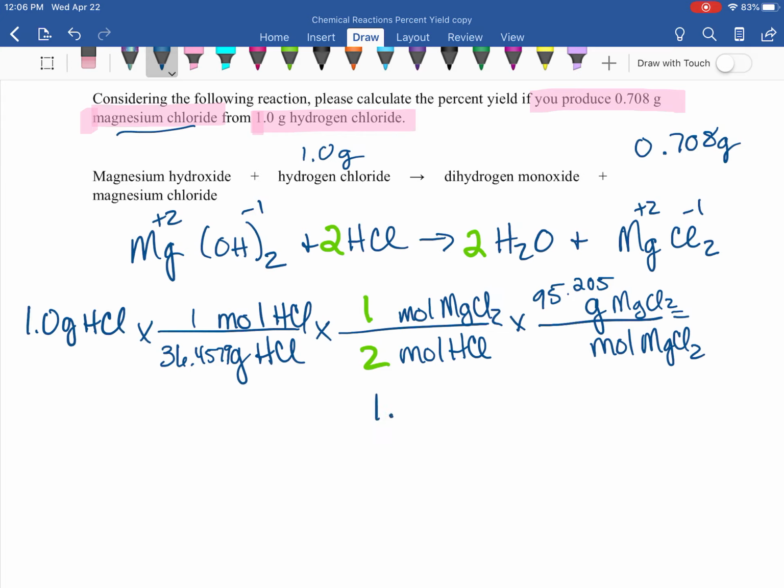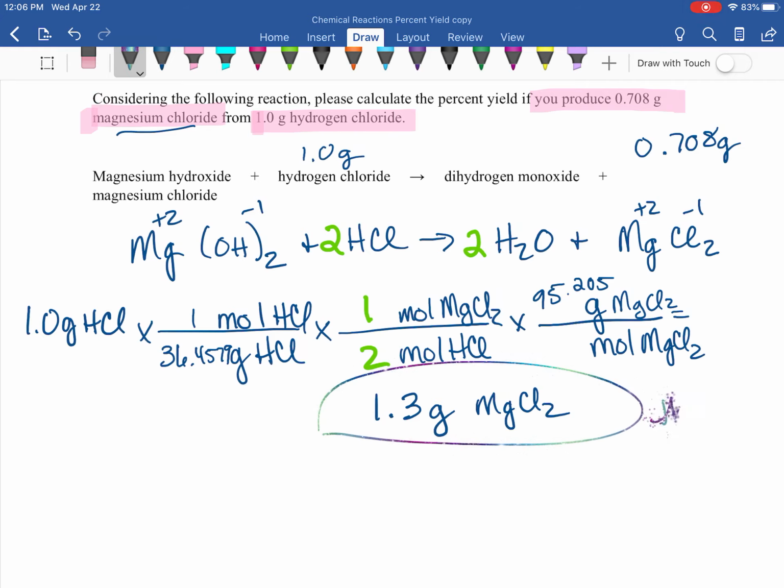Divided by 2 times 95.205 equals, I get 1 point, and let's go for 2 sig figs. I get 1.3 grams magnesium chloride.